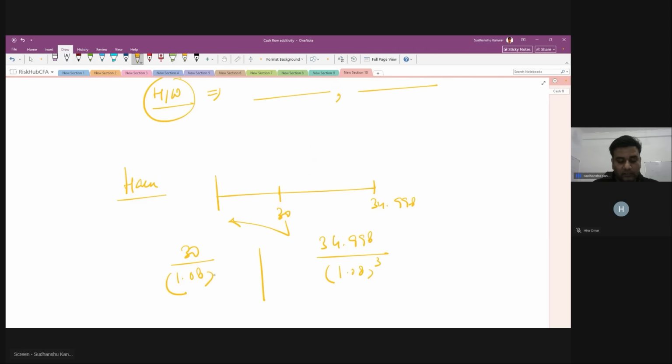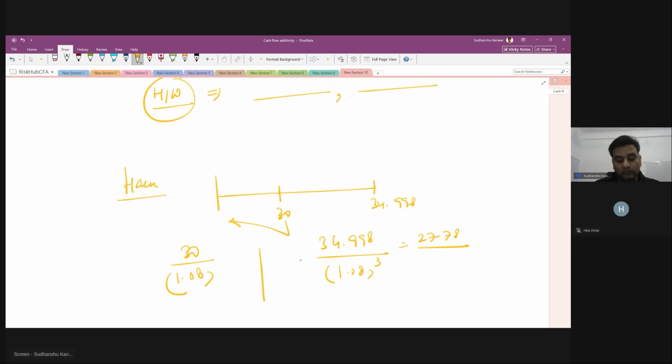If I do it, 1.08 raised to power 3 is this one. I take 1 by x of that and multiply by 34.992. So I get this value, 27.78, right?